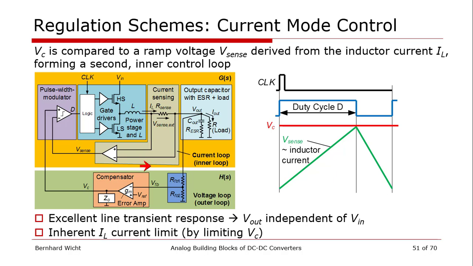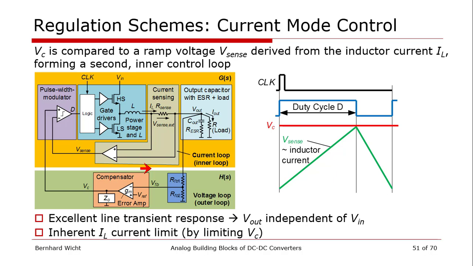It looks a little bit more complex. On the design side it's more complex, but the overall behavior is more simplified. We achieve a one-pole behavior, and so there is a need to implement current mode control more and more in DC-DC converters.